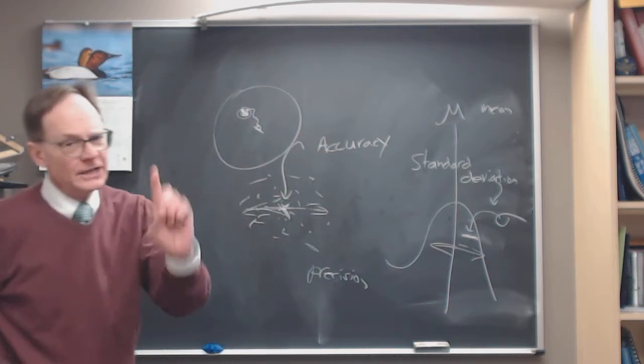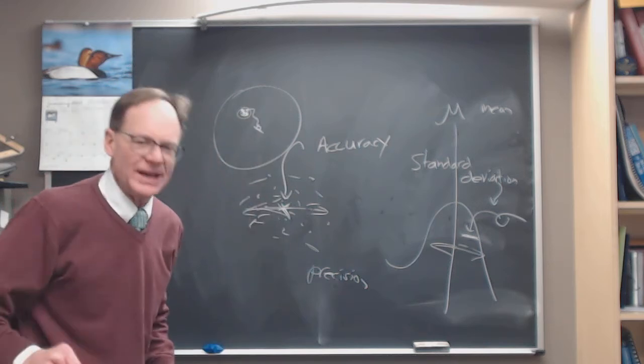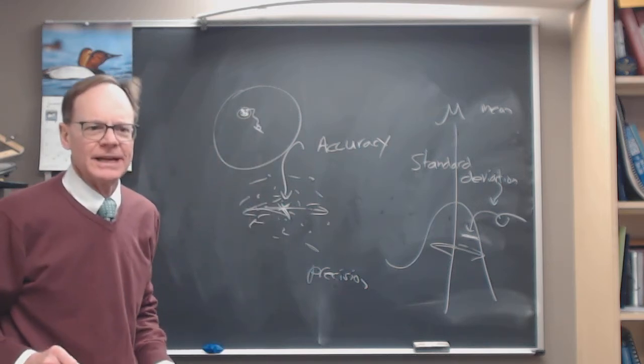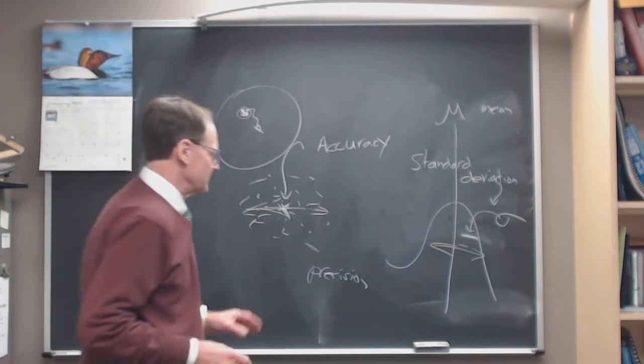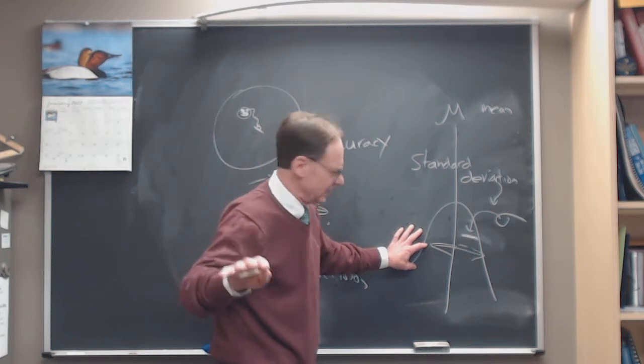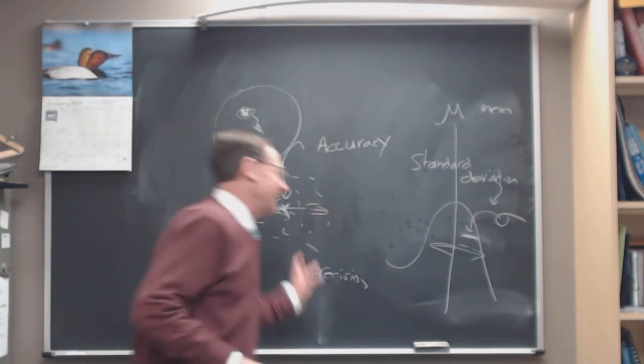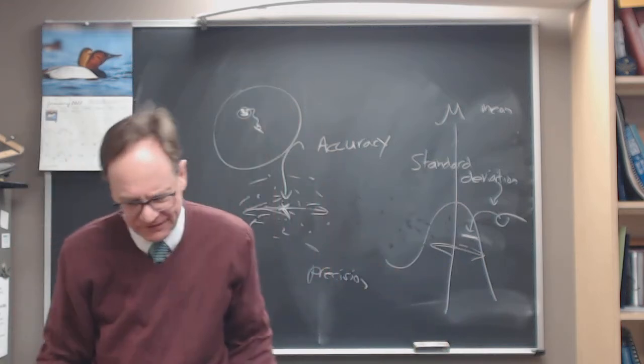So what we're going to do is measure a whole bunch of times. Again, we think we're measuring the exact same thing every time. If we make multiple measurements of it, we can make a histogram. We'll work on that later, in the next few weeks. We can make a histogram of the values, and we can fit a Gaussian curve to that histogram. But again, that's in a few weeks.